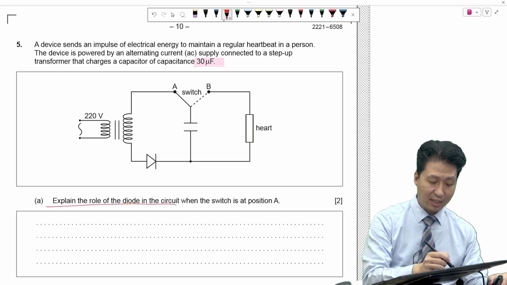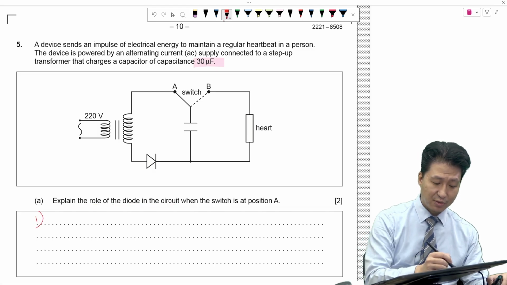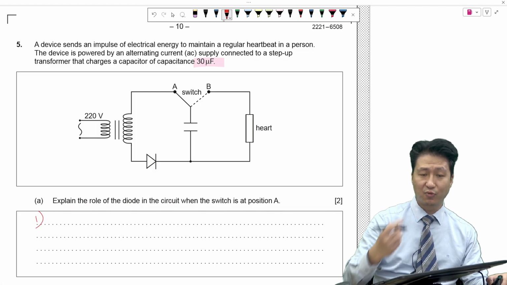A, explain the role of the diode in the circuit. So a diode only allows current to flow in one direction.